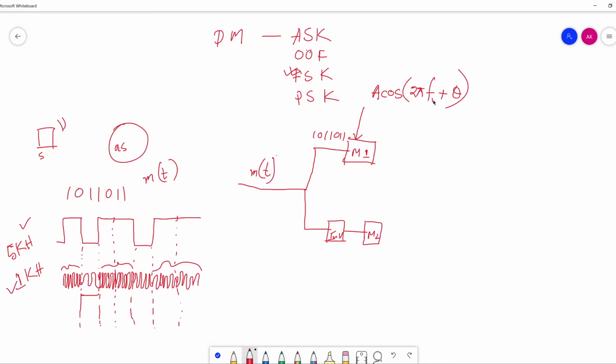So it can be your carrier signal. And for this one, if you invert this data, it will become 0 1 0 0 1 0 0, and from here we can add a carrier. The frequency will be different here.